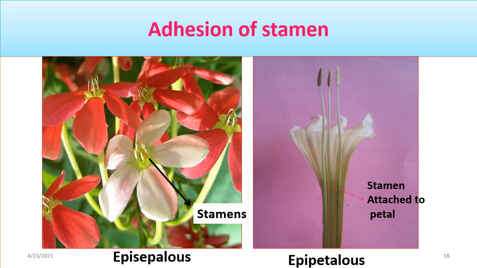Now if you look, this is corolla, and here this green portion you can see, which is actually calyx, and these stamens, see here, these stamens are attached actually to the calyx, and as they are attached to the member of calyx, that is sepal, above the sepal, hence it is called the episepalous condition.